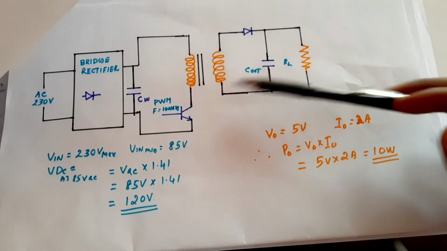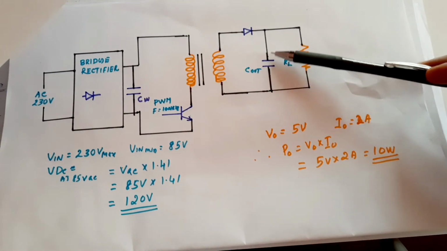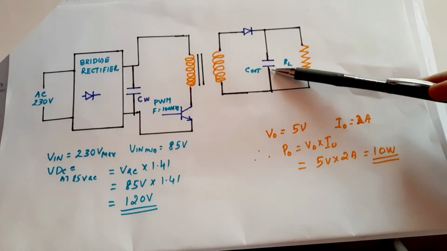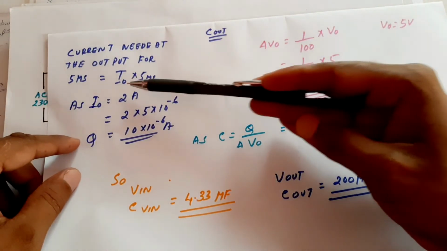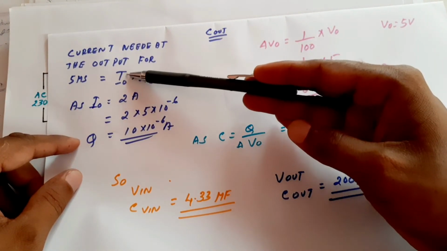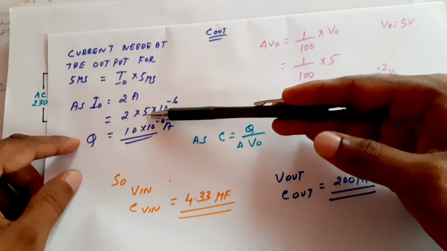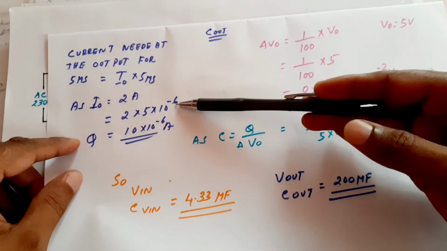The on time of the transistor is 5 microseconds. During that time, the capacitor has to deliver enough charge through the load. We want 2 ampere of output current, and the capacitor has to deliver this current for 5 microseconds.